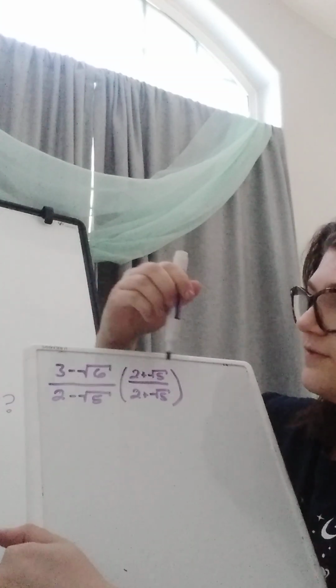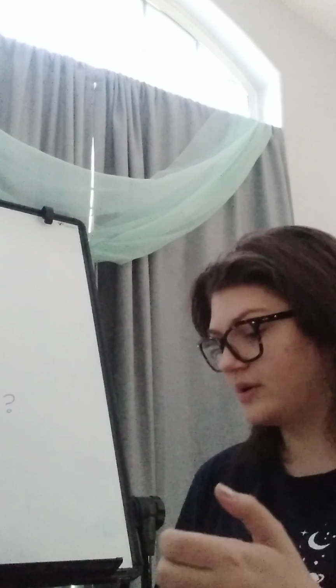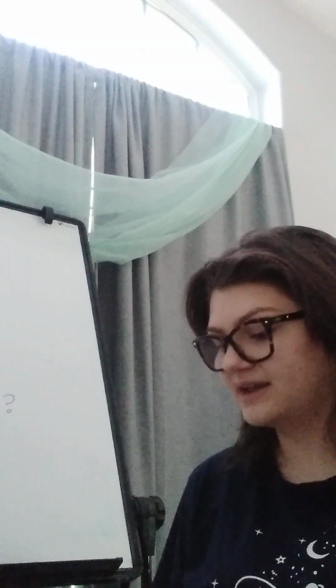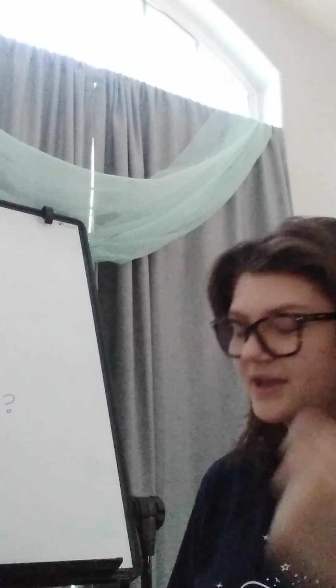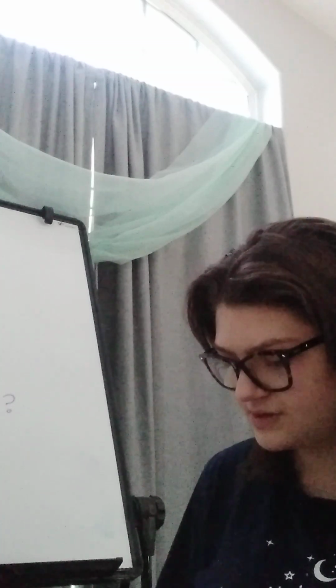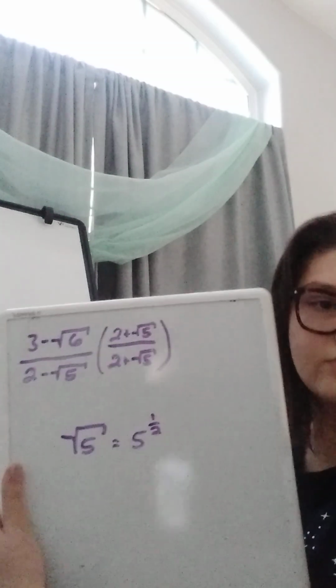square root 5 times square root 5, which is just 5, because a square root times a square root, if the base is the same, then you're just going to get itself. And recall that if you're thinking about it in exponent terms, the square root of 5 is also equal to 5 to the 1/2 power, right?